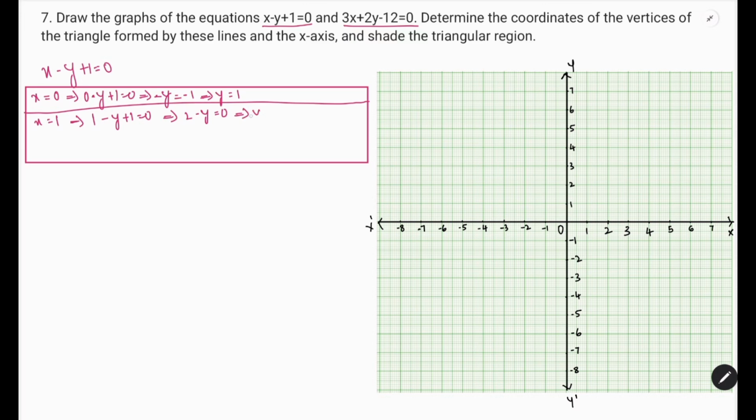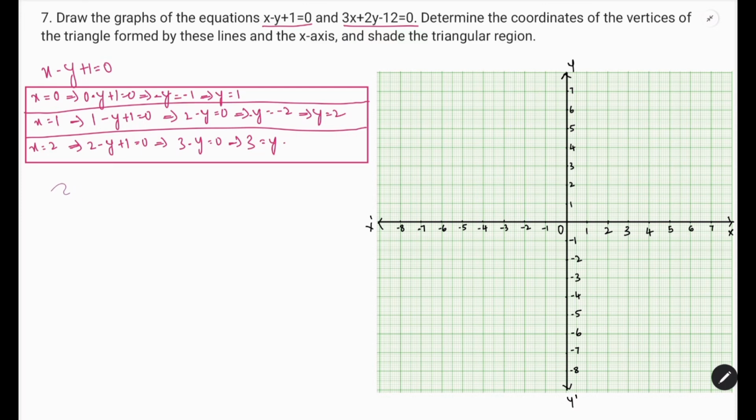So minus y equal to minus 2, so y equal to 2. If you take x as 2, then 2 minus y plus 1 equal to 0. So 3 minus y equal to 0, 3 equal to y.